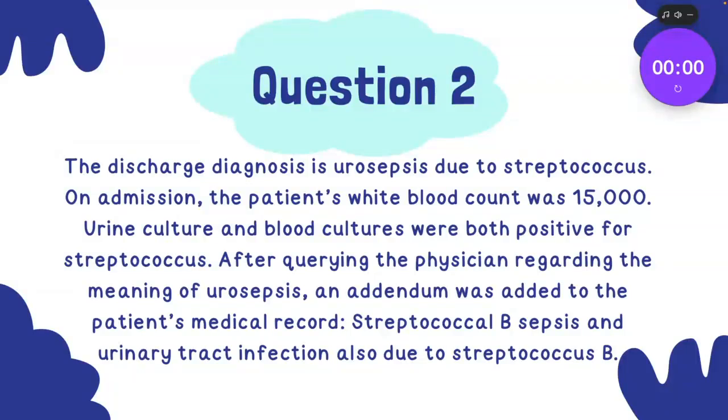The other thing that I will call out is, you see streptococcal B mentioned twice, and one may think, oh, I'm going to need to code that. How do I want to say? Is there a combination code?